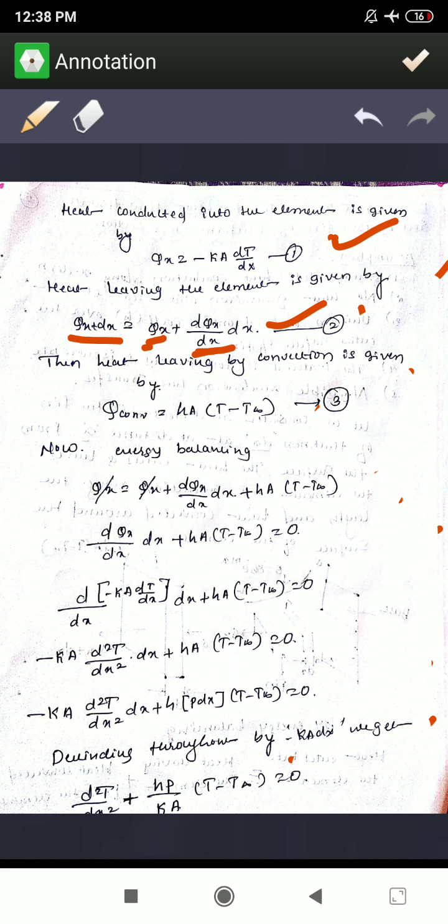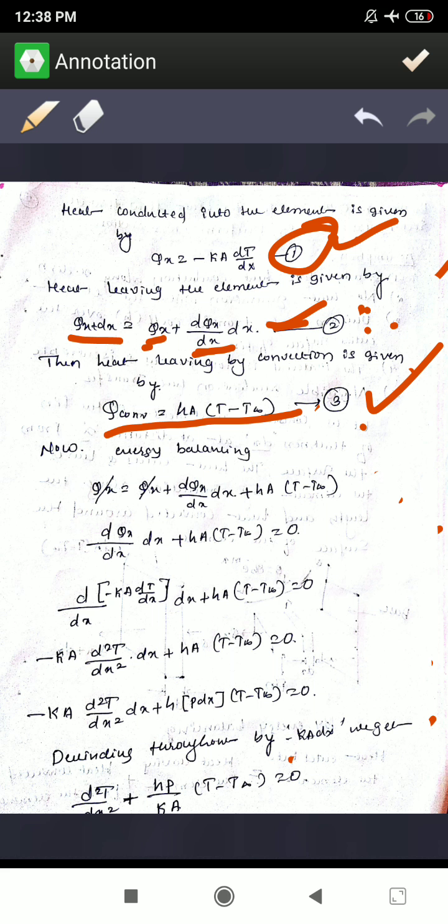So this is equation number 1 and equation number 2. Now the last one is heat leaving by convection, given by q convection is equal to hA (T minus T infinity). So equations number 1, 2 and 3.